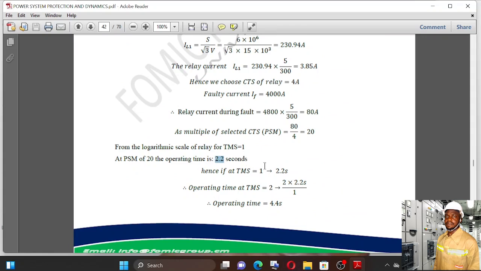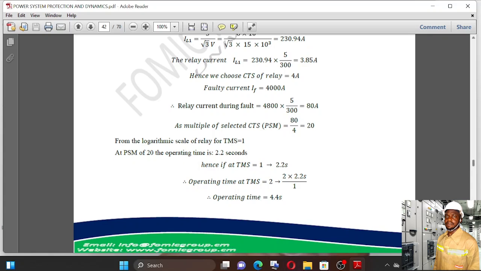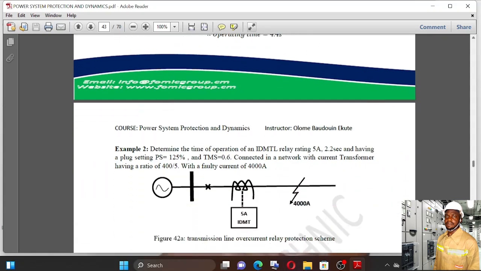If TMS of 1 gives us 2.2 seconds, then for the TMS of 2, it will give us 2 times 2.2 divided by 1. That's simple logic. So that gives us 4.4 seconds. So we have calculated the operating time at which the relay will react. That's it for that question.